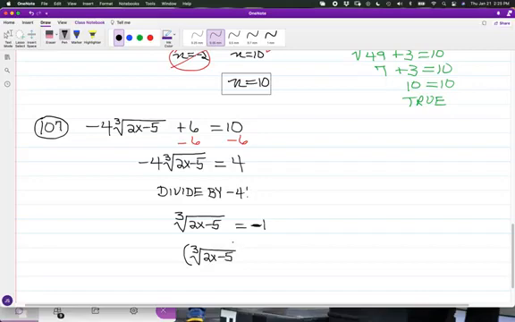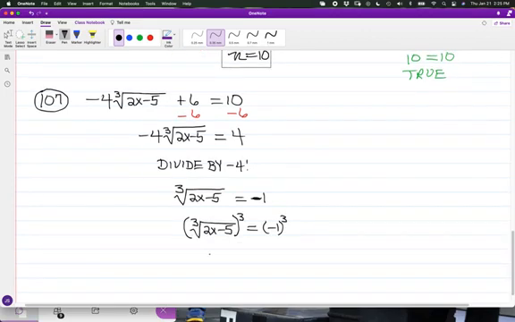So I have the cubic root of 2x minus 5. I'll raise to the third power, and I have equal to -1 also raised to the third power. So the left-hand side we're going to have 2x minus 5. -1 to the third is going to be still -1. In the follow through, I'm looking at solving for x.